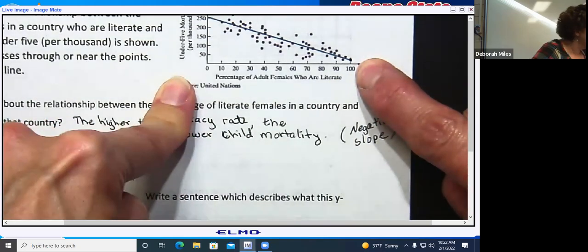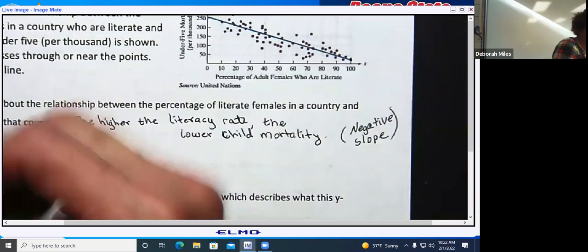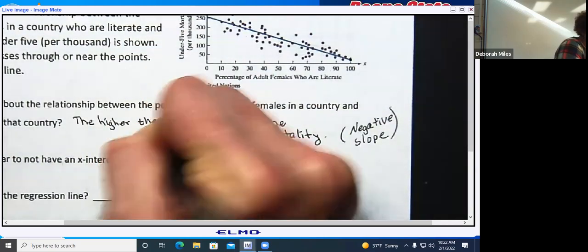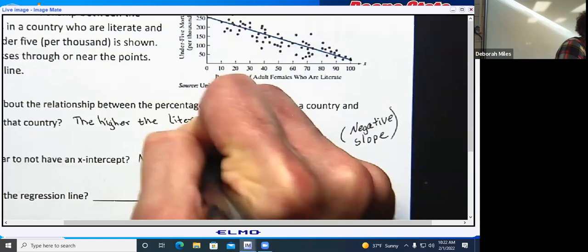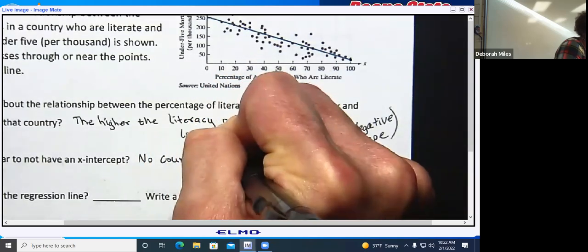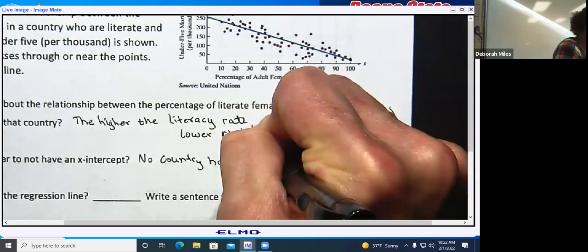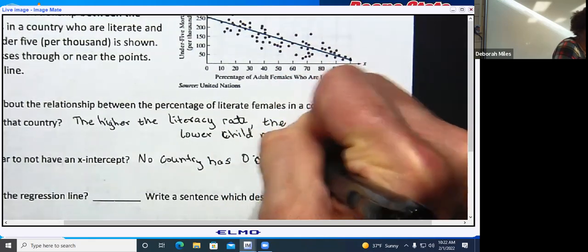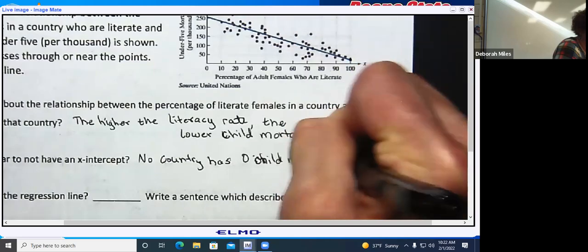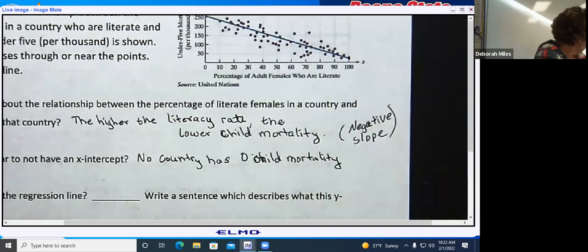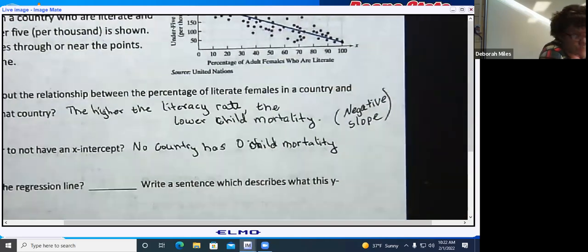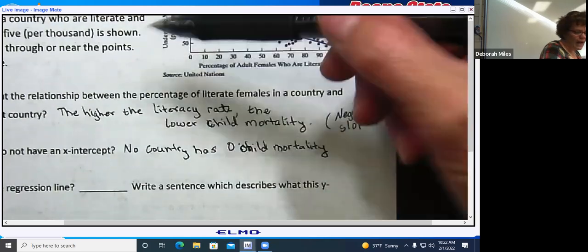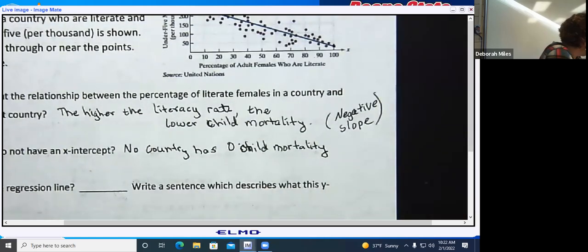That's not going to happen. No country has 0 child mortality. The x-intercept would be where y is 0, and your y's refer to the mortality rate.